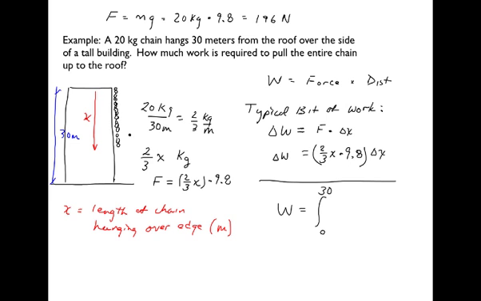So I'm going to sum up all the little bits of work starting when X is 0. Even though I'm pulling this way, I'm still going to start from the little bit of work when it was 0, all the way to when I had 30 meters of chain hanging over. I'm going to sum up all my little bits of work.